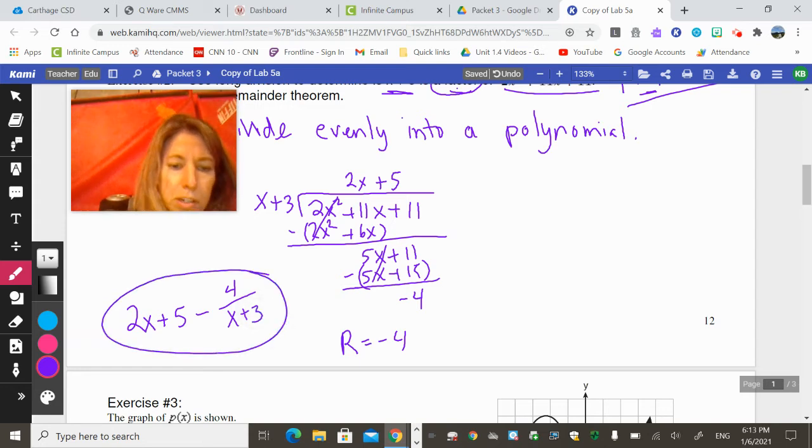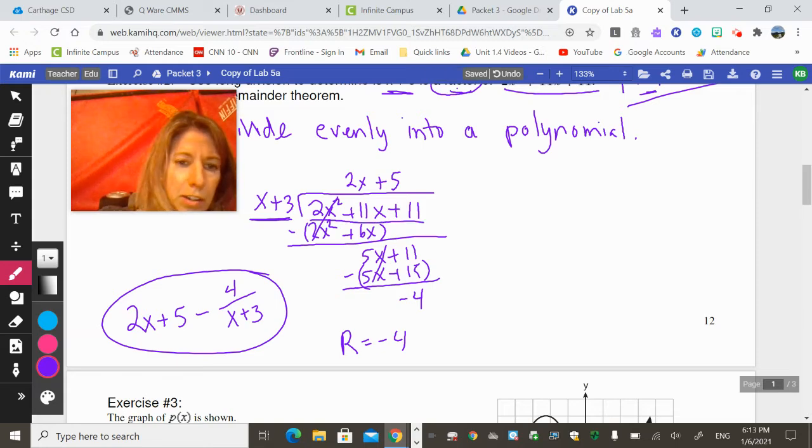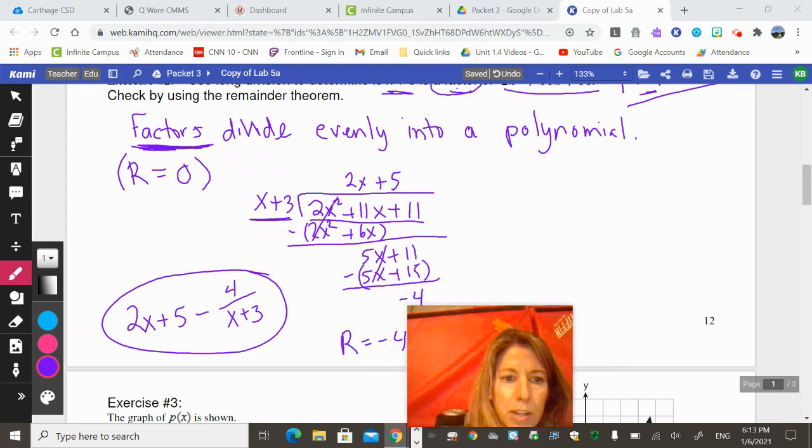Okay, so the answer to the first question is that x plus 3 is not a factor of 2x squared plus 11x plus 11.